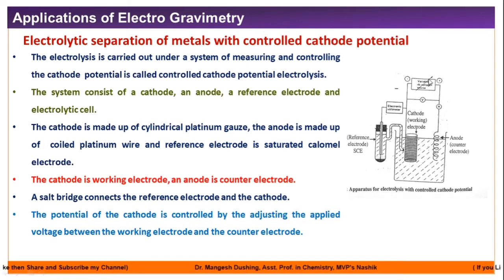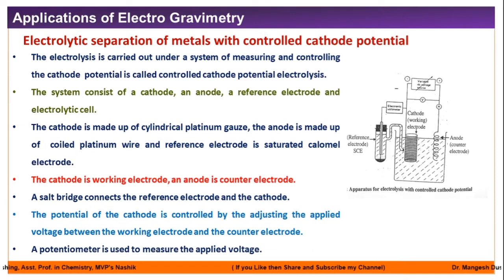So this is the potentiostat, that is a variable voltage. We can manage the potential difference between cathode and anode for the controlled cathode potential. The potentiometer is used to measure the applied voltage.